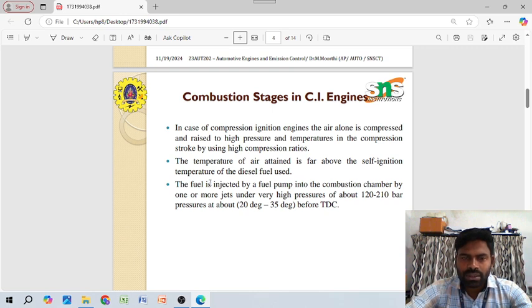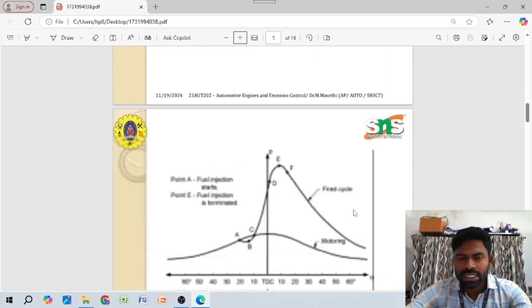The fuel is injected by the fuel pump into the combustion chamber by one or more jets under very high pressure of about 120 to 210 bar, at about 20 to 35 degrees before TDC.